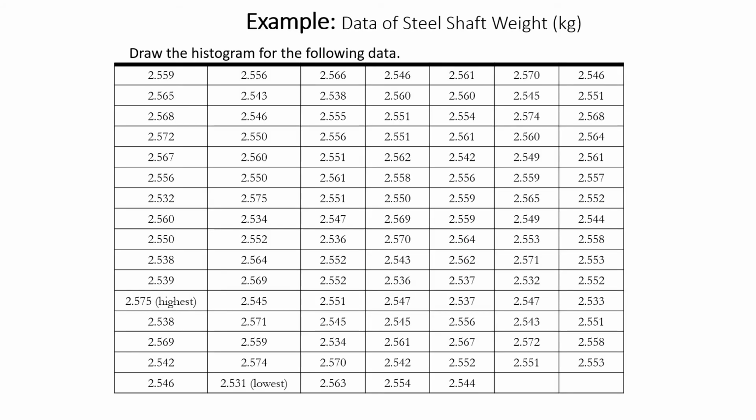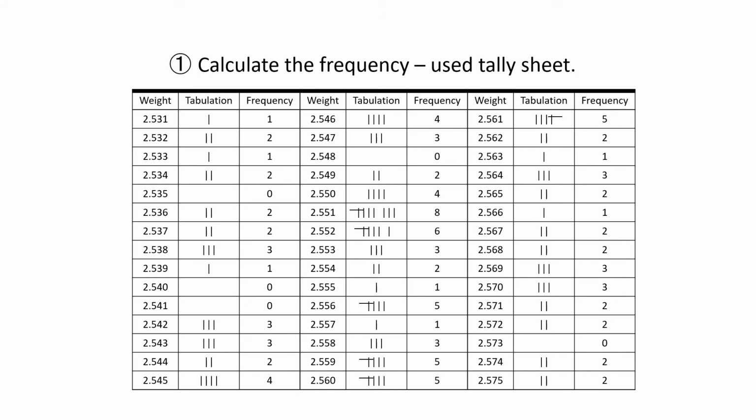This is an example of the data we collect here. Maybe this is the weight in kg, so you need to find which is the highest value and which one is the lowest. So we tally all the data: how many is the frequency for each value.